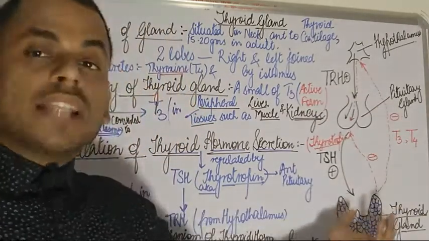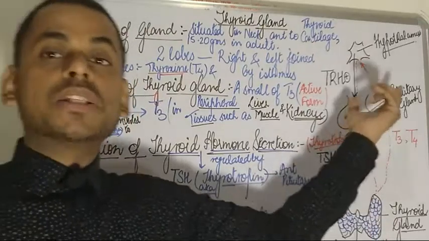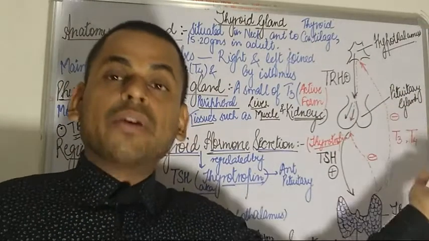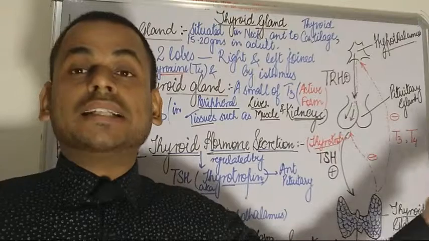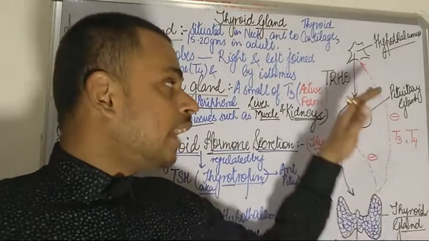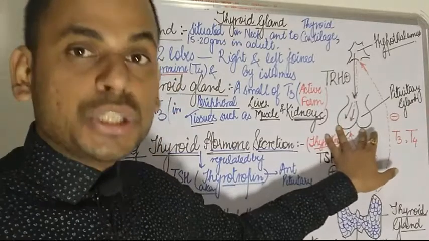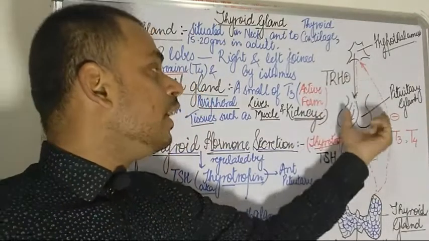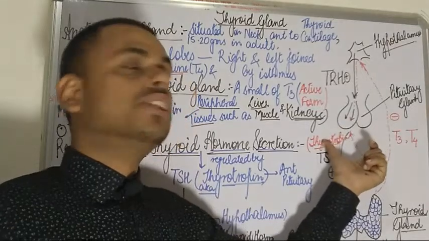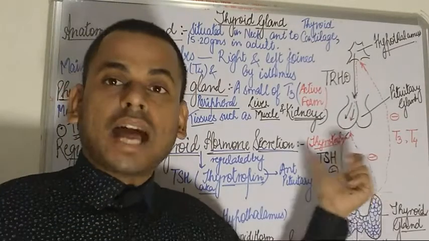So in case of the thyroid gland, the pituitary gland secretes the thyroid stimulating hormone, that is TSH, also known by another name, thyrotropin.